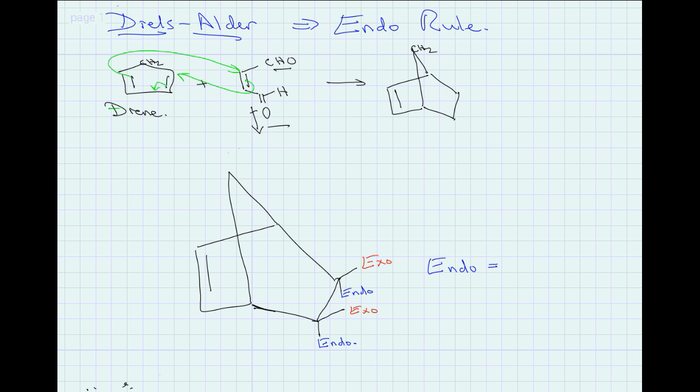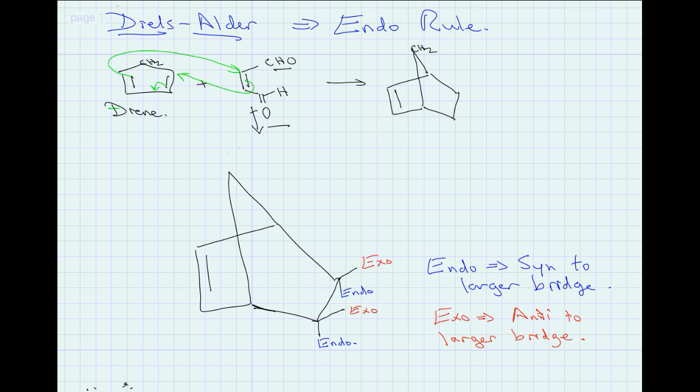Endo products are syn to the larger bridge, okay? And exo products will be anti to the larger bridge.